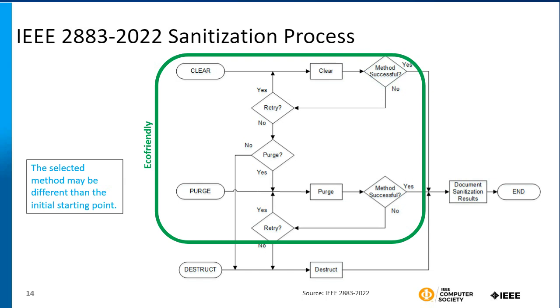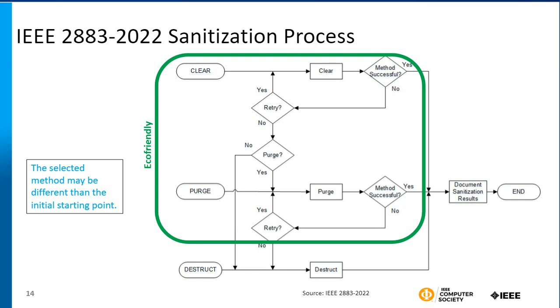Also point out that you see clear, purge, and destruct on the left-hand side. So you as an organization are going to make a basic starting point in this process. You may start with clear, which we think is an acceptable type of sanitization.